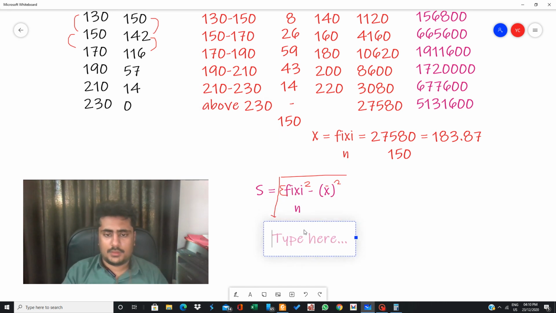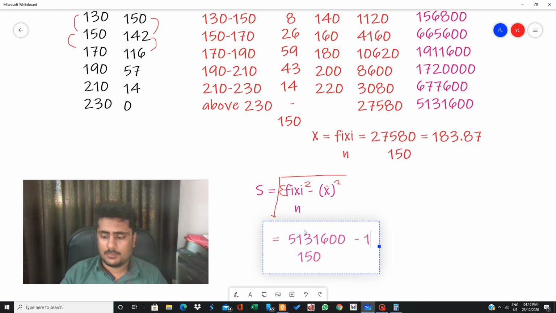Now the sigma fxi square is 513160 on 150, minus 183.87 square.